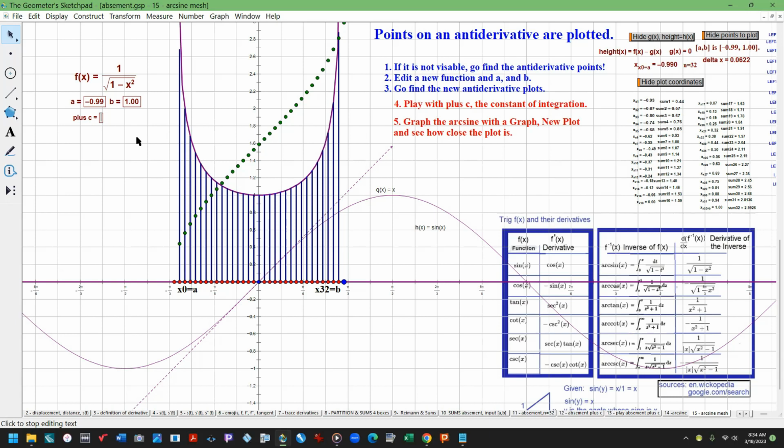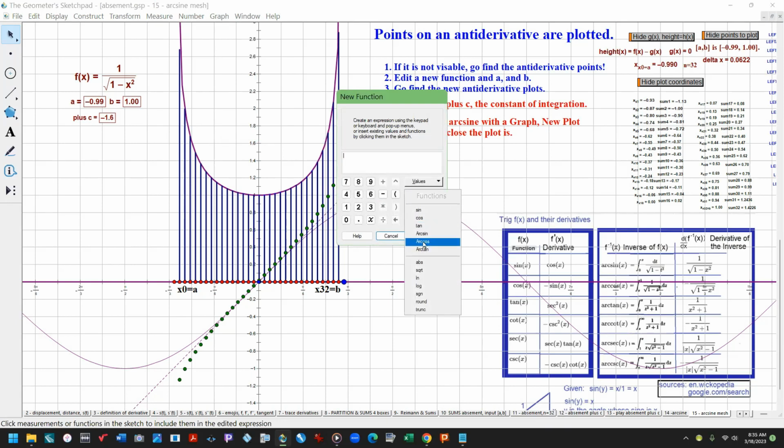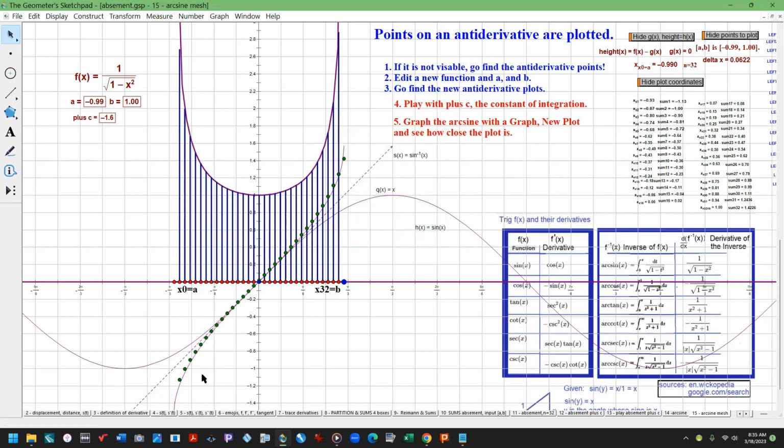I'm going to go with pi over 2, 1.57. And I'm subtracting 1.57. Let's see if I can get them to where I need to be. Yep. Now, just to prove it to you, let's graph the arc function. Bingo. Right on target.